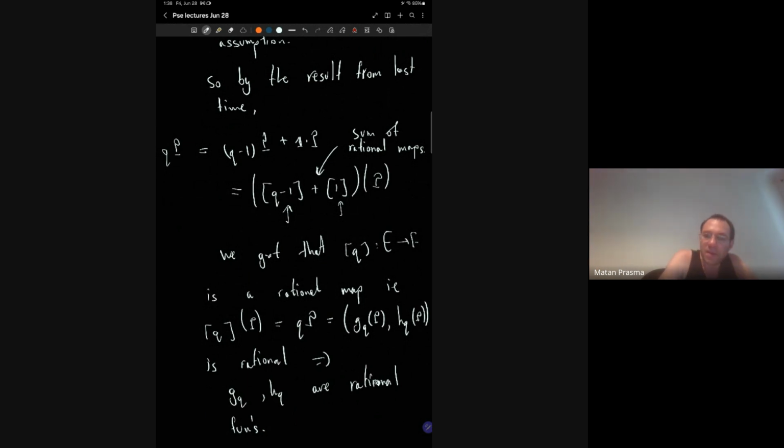So this is the first part of the theorem, proved. I just wrote it in a lengthy way. It's an immediate induction using the result from last time.